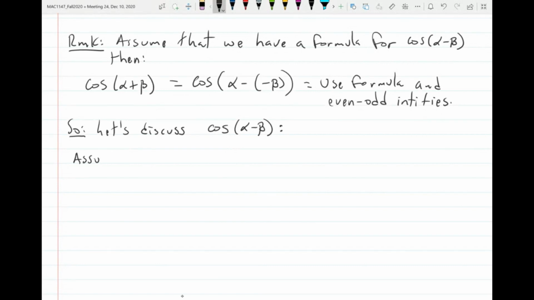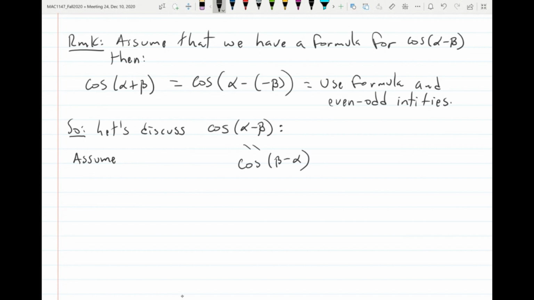So to do this, let us assume, without loss of generality, that beta is less than alpha. I'm doing this just because I want alpha minus beta to be positive. If that's not the case, if beta is bigger than alpha, that's okay. Cosine is an even function, so that means that you can factor out a negative, and this actually is effectively the same thing as cosine of beta minus alpha.